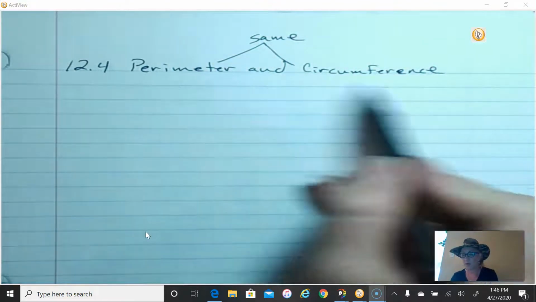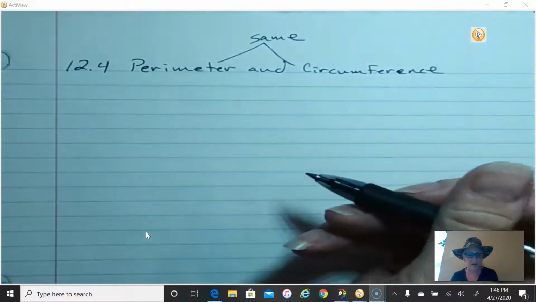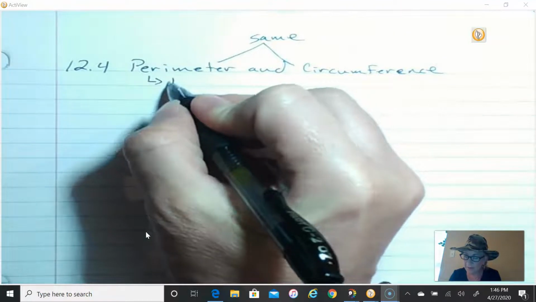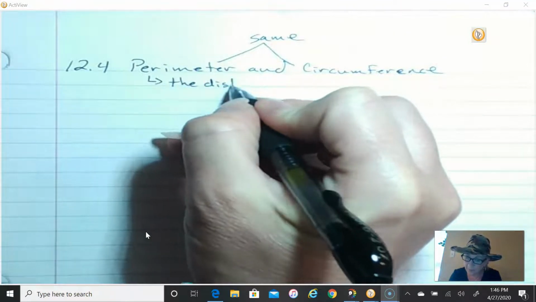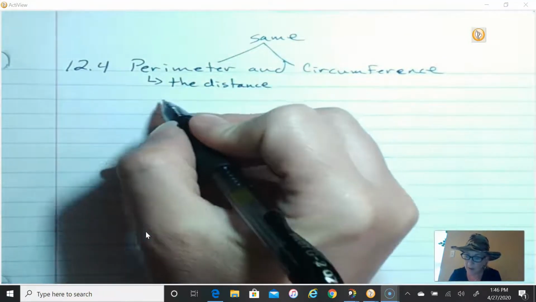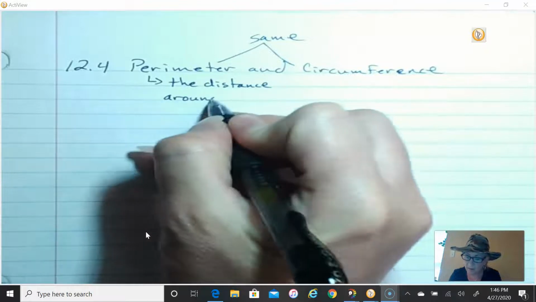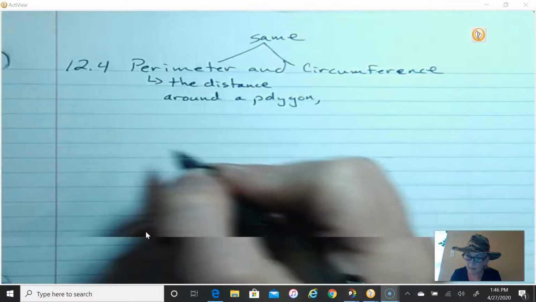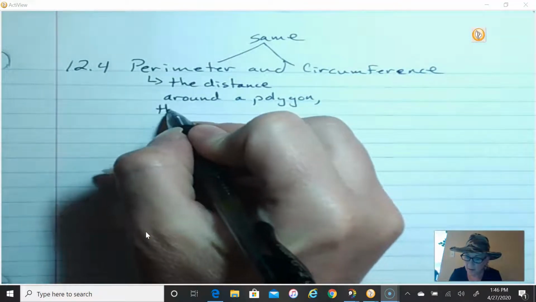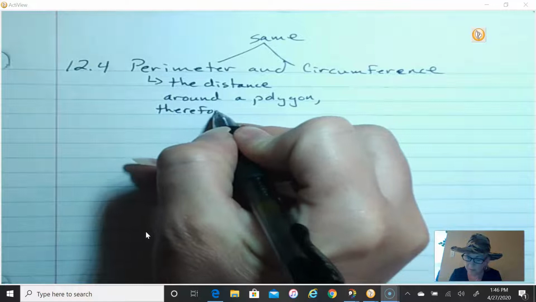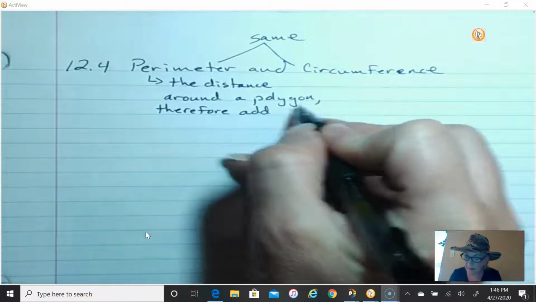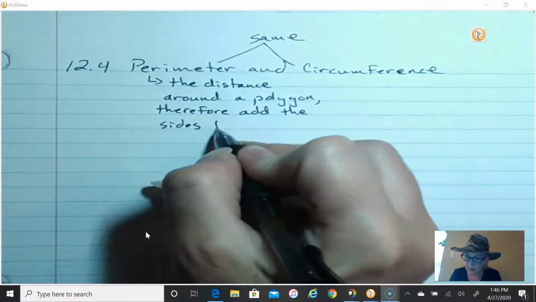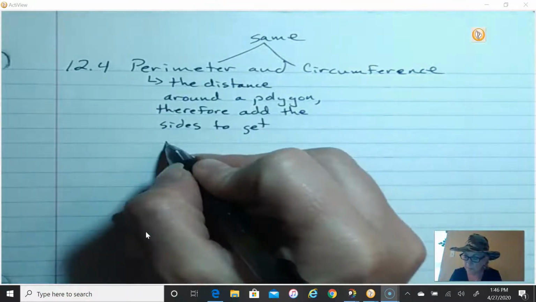Perimeter is the distance around a polygon. Therefore, add the sides to get perimeter.